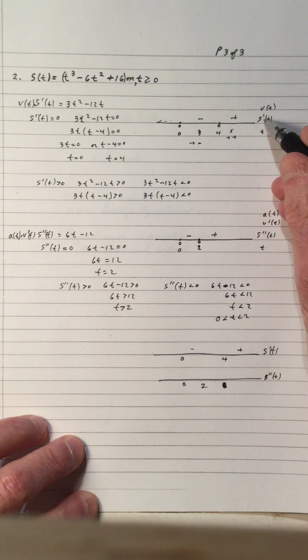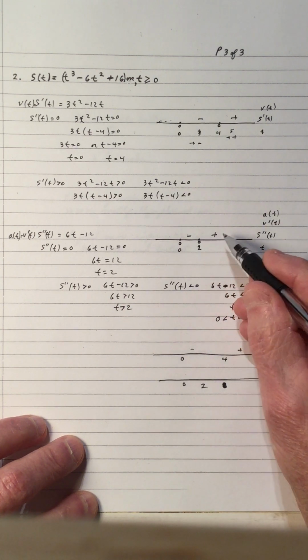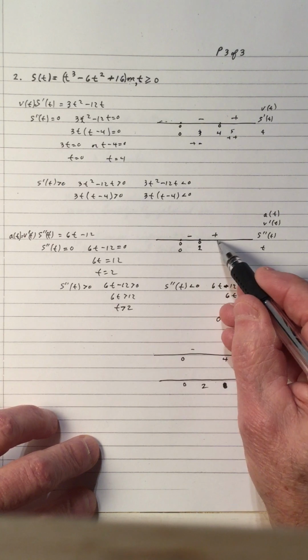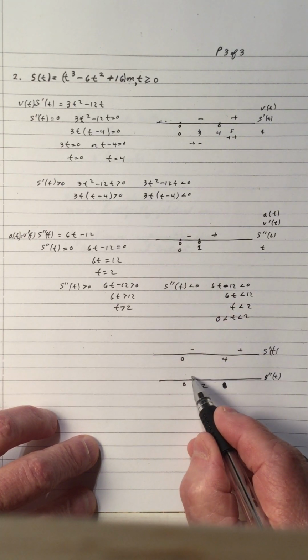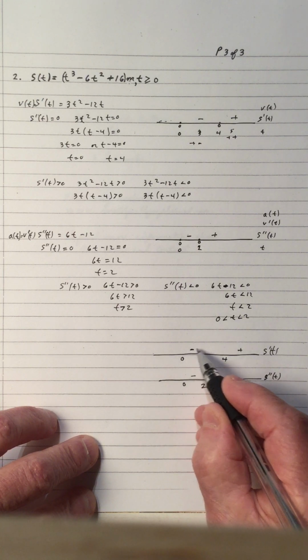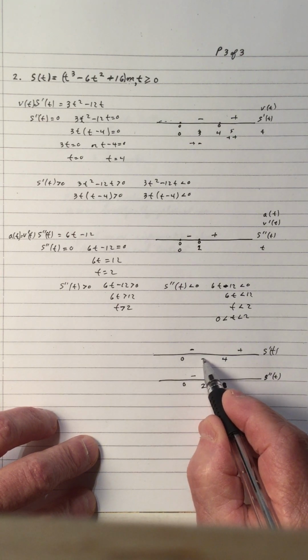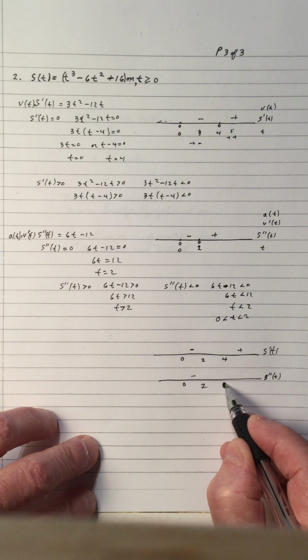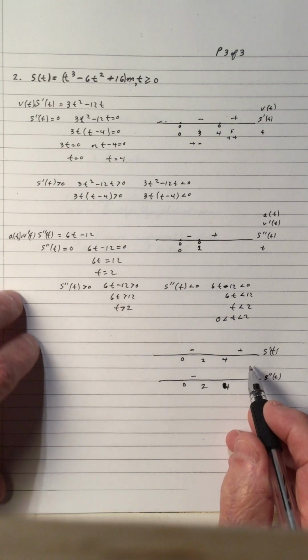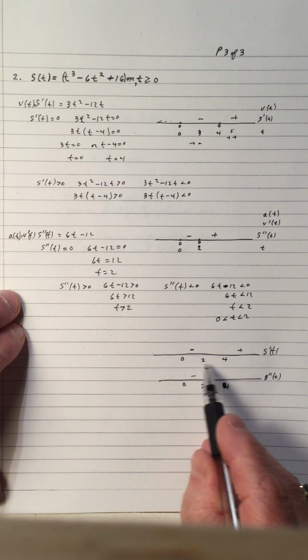As for the velocity, and the acceleration is negative between 0 and 2 and positive after that. So that's a negative there and a positive here. But if you compare the two, we put this 2 here, and we put this 4 back right here now. I took it out, but all these are critical values.